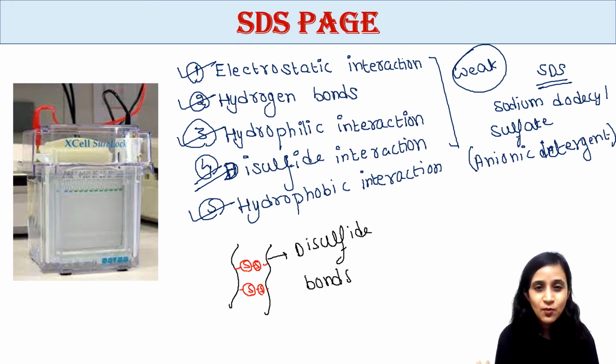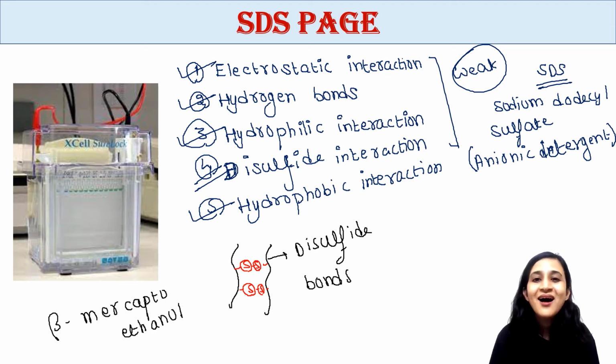Otherwise, all of the bonds are broken and the protein is denatured. Now, to break these disulfide bonds, we use beta-mercaptoethanol. Therefore, SDS and beta-mercaptoethanol break down all bonds of our proteins and completely denature our protein.